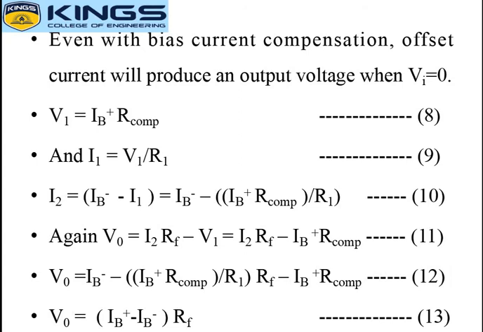Substituting the equation, after algebraic manipulation, V0 equal to IB minus IB plus into RF. So, V0 equal to RF into IOS, where IOS equal to IB minus IB plus. Okay.